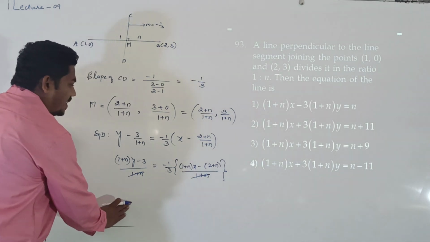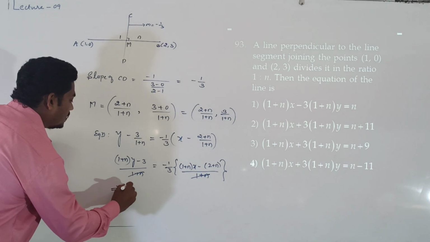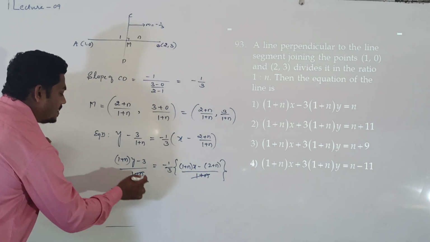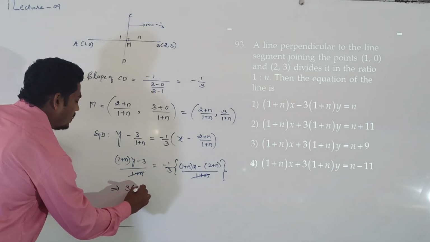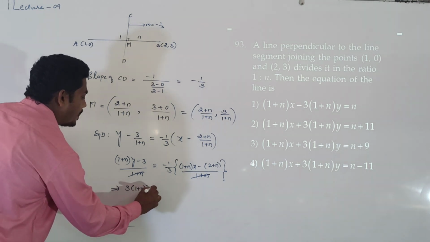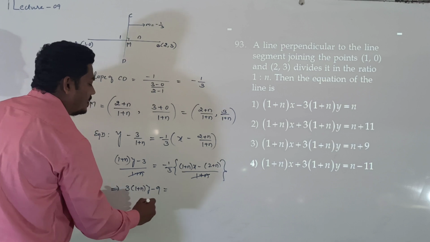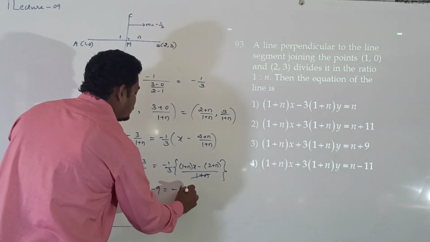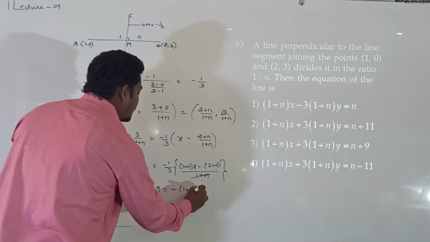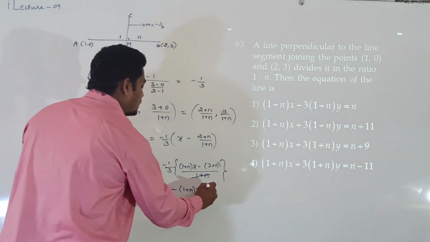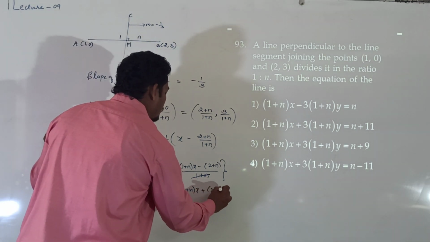Then cross multiplication. 3 into (1 plus n) into y minus 3 into 3, it will be minus 9, that's equal to minus of (1 plus n) into x, minus into minus plus, (2 plus n).